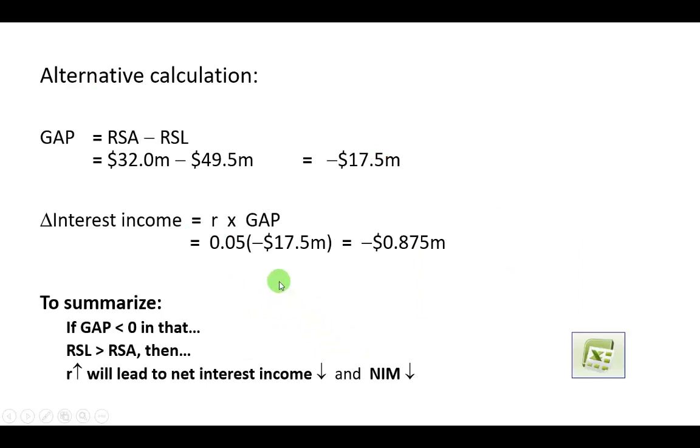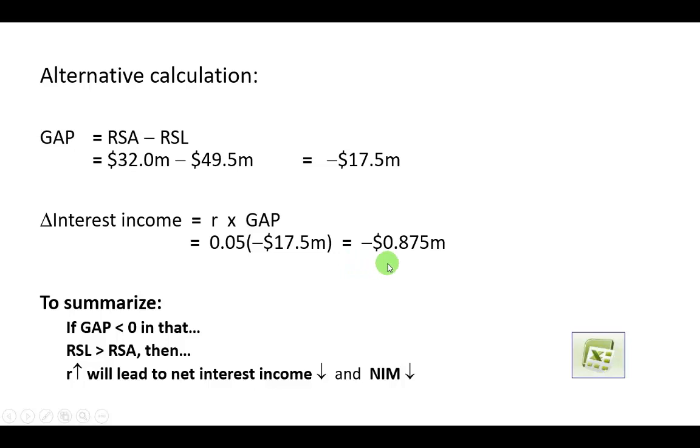Now, by the way, knowing that our income gap here is a negative 17.5 million, we can determine directly the change in net interest income by simply multiplying the rate change by gap, which in this example is 5% of this negative 17.5 million.